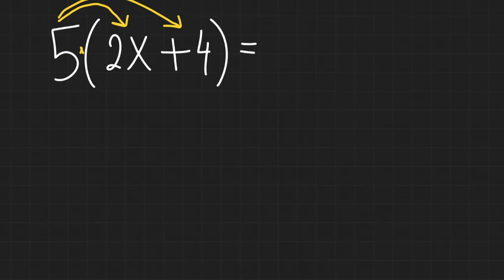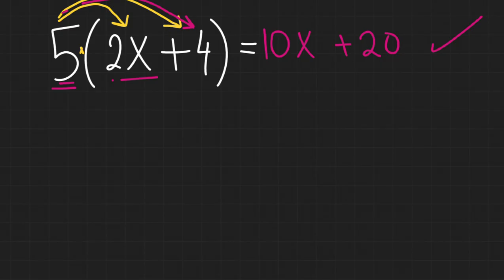Good. So 5 multiplied by 2x will be, as we learned already, 10x. Then we have plus 5 multiplied by 4 is equal to 20. Now that is our final answer, because 10x and 20 are not like terms. They cannot be added, right?